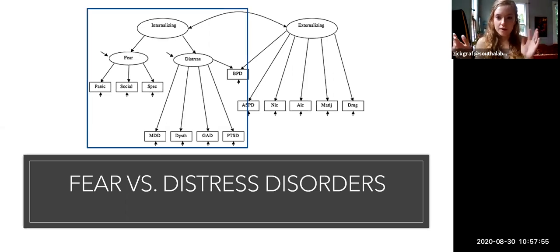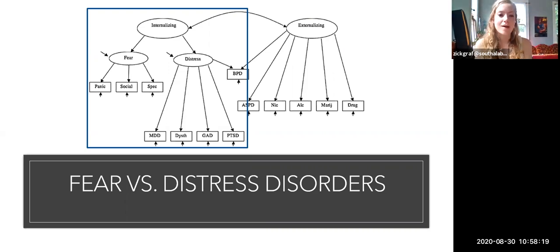So in the beginning, in the first couple lectures of this class, and definitely so far, we've really focused on internalizing disorders. And specifically, so far, we've only talked about fear disorders. So like we've talked about a lot in the last lecture, panic disorder, social anxiety disorder, specific phobia are all characterized by inappropriate fear responses and anxiety about those fear responses in some cases.